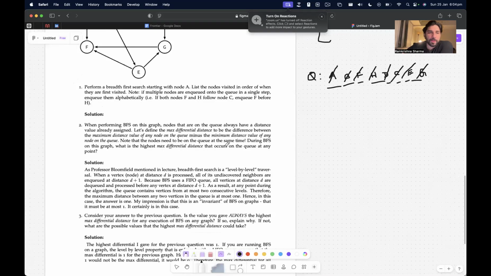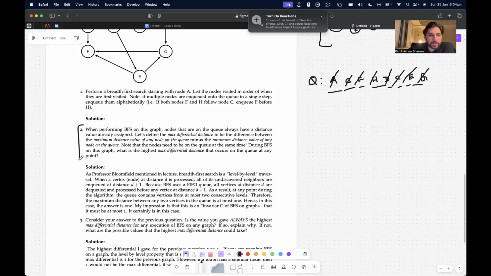Now, for this next problem, it essentially asks that while you're performing the traversal, think of a construct called the max differential distance, which is the maximum distance value of any node on the queue minus the minimum distance value of any node on the queue.